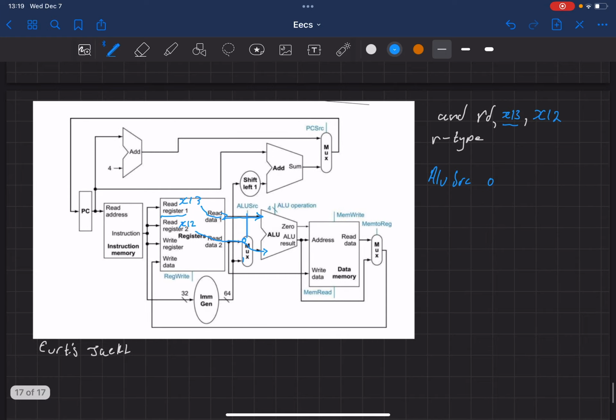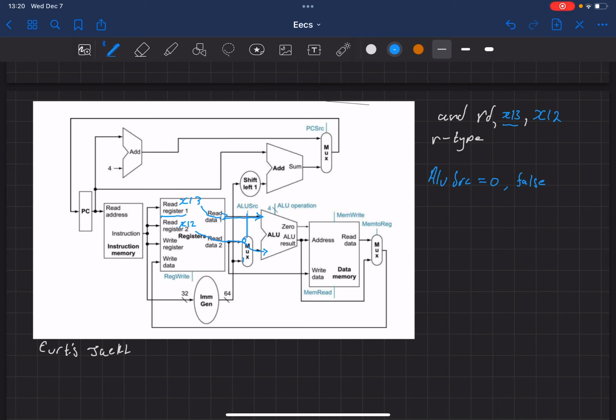So our ALU source is going to be 0, false, I believe is in the answer, something like that. And that's what's going to allow the two registers that we're ANDing together to go to the ALU, to be able to be ANDed together, or the operation to be committed to the two registers.